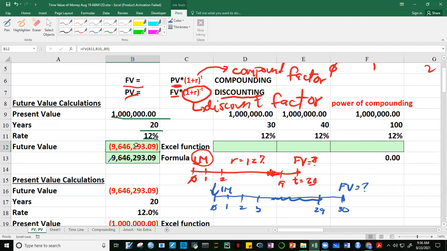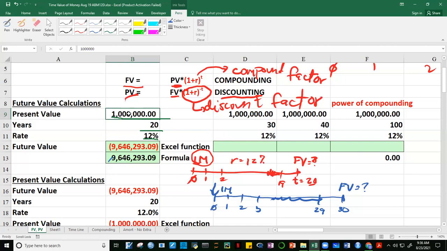Only that, guys, negative ang binibigay ni Excel. Bakit siya nagne-negative? Kasi very particular si Excel sa direction of the cash flow. So ito, transactional yung tingin ni Excel dito. Which means that, for example, ang present value natin 1 million, which means that this is a cash inflow. Kasi positive, pumasok yung pera.